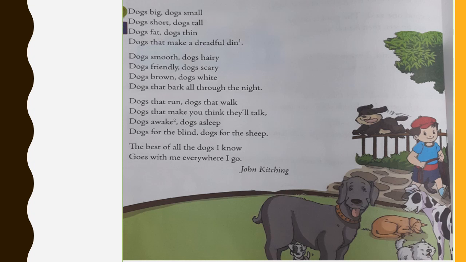Dogs smooth, dogs hairy, dogs friendly, dogs scary, dogs brown, dogs white, dogs that bark all through the night, dogs that run, dogs that walk, dogs that make you think they'll talk, dogs awake, dogs asleep.